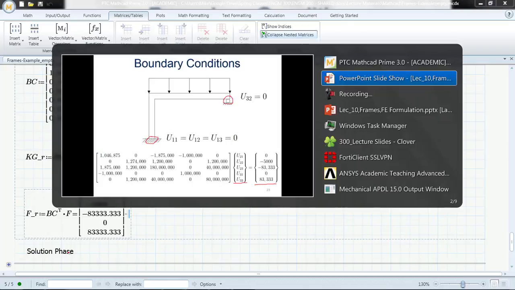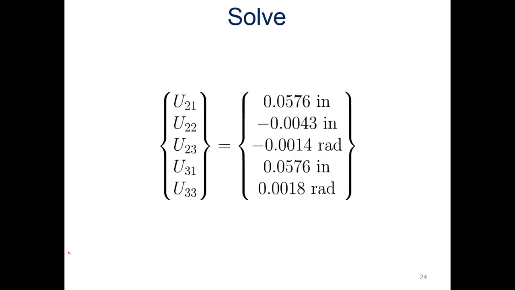All right. I think you know what's next here, right? We're going to solve this thing up. So solving up, we get some values there. Looks like 0.0576 inches for our two axial displacements at node 2 and node 3. For lateral displacement, we just have that at node 2, so negative 0.0043.